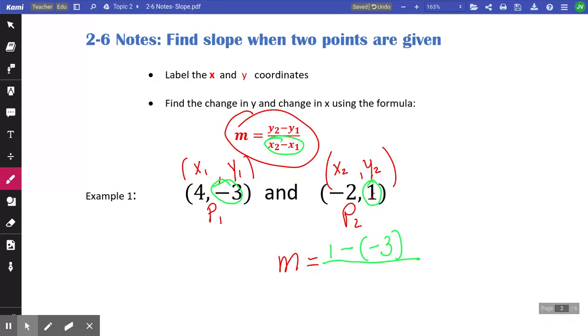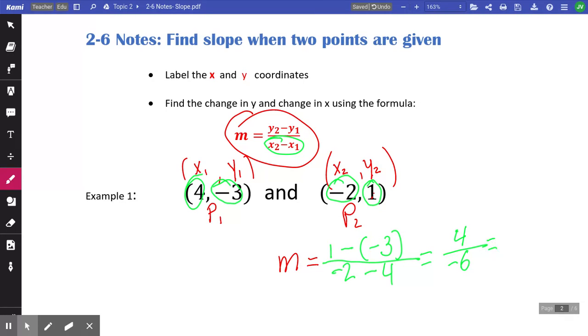Now we have to work with the x's. -2 minus +4, so -4. All right? 1 minus -3 is +4. -2 minus 4 is -6.